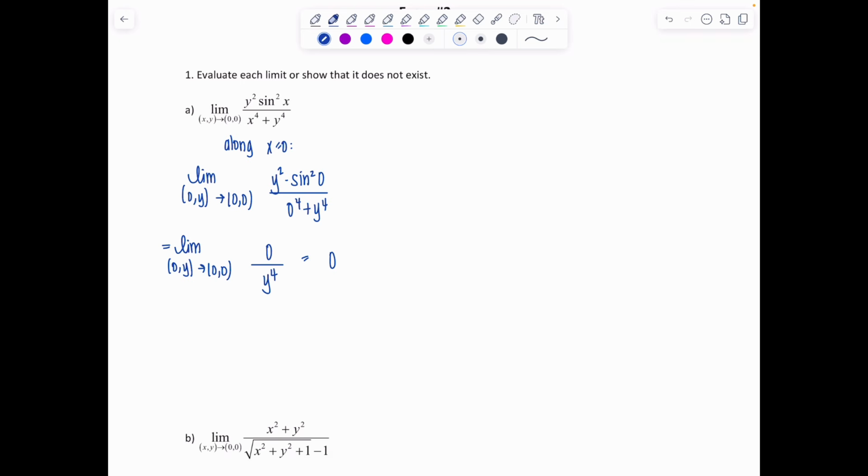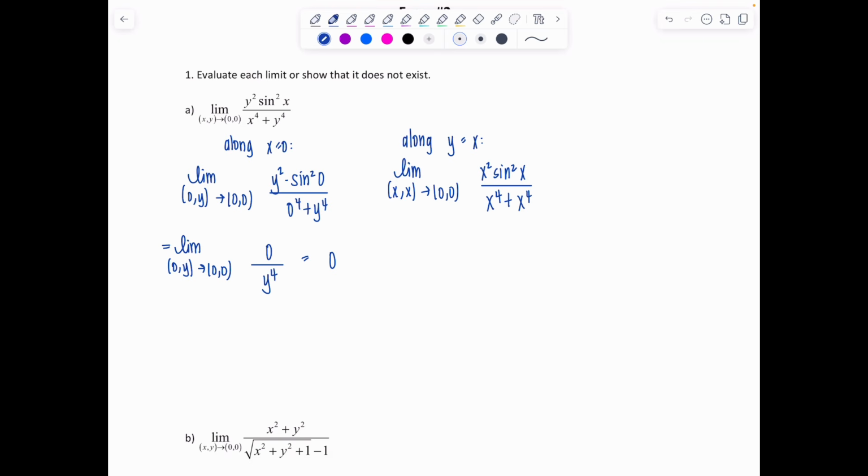Now I'm trying to get a different value. Therefore, I can show that the limit doesn't exist. So let's try along y equals x. If I try along y equals 0, I just get the same result, so that'll get me nowhere. So now we have the limit as (x,x) approaches (0,0) of x squared sine squared x over x to the 4th plus x to the 4th.